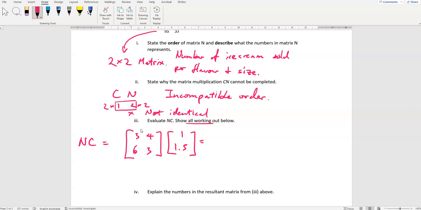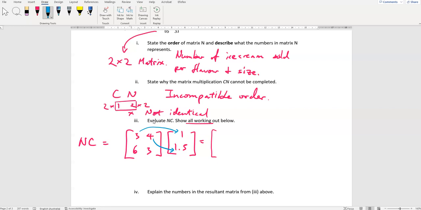And this is going to yield us. And this is the working out what I'm talking about here, which is we're going to multiply. I'll do this in a different colour, right? The first element of the first row with the first element of the first column. The second element of the first row with the second element of the first column. Right? So again, it's row to column. Remember. So row, first with first, second with second.